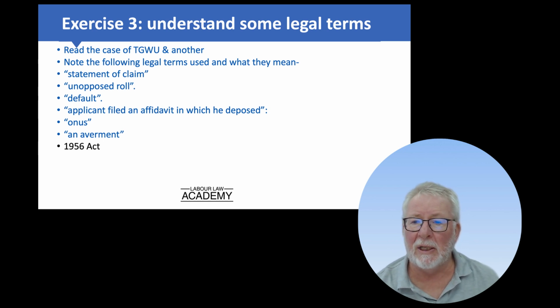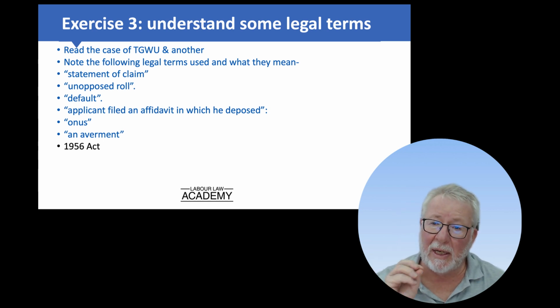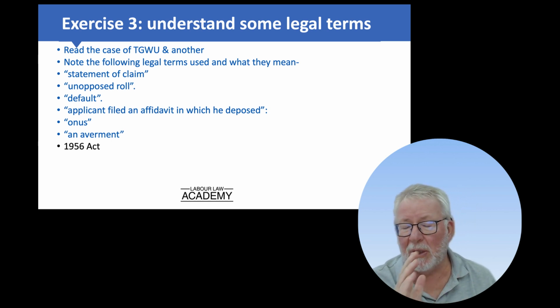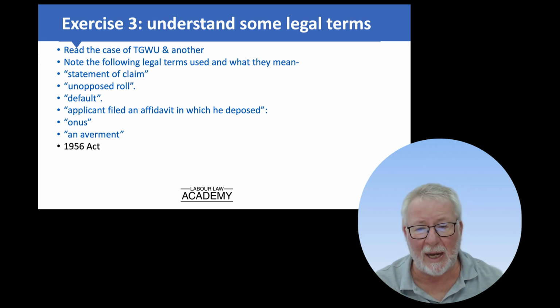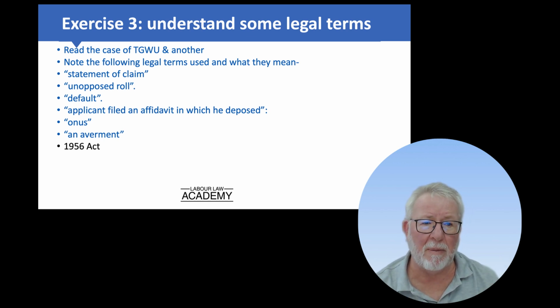So what that is referring to is that there was a previous Labour Relations Act, same title, but in 1956. That legislation has been not overturned, but set aside, because there's new legislation, 1995. So the current Labour Relations Act is 1995. You just need to know that there was this previous Labour Relations Act, which was referred to by the judge there.